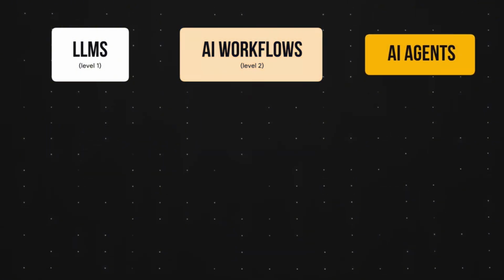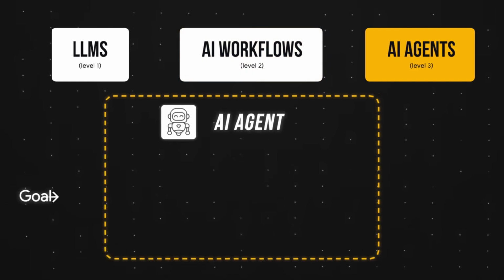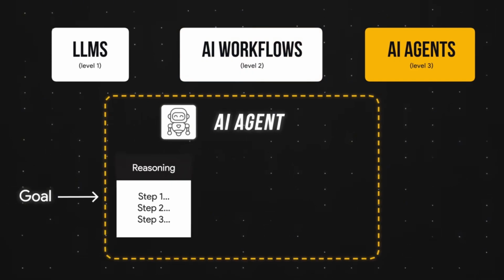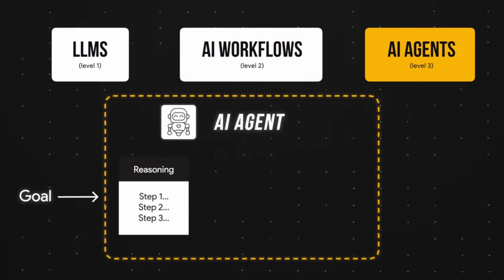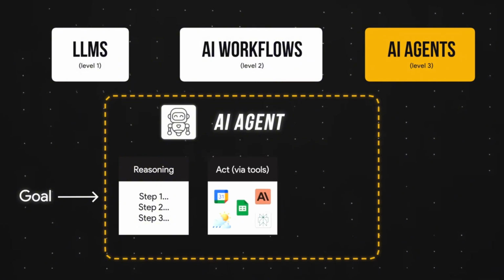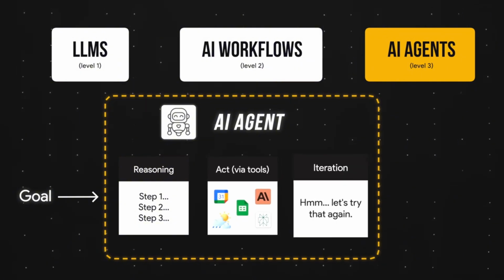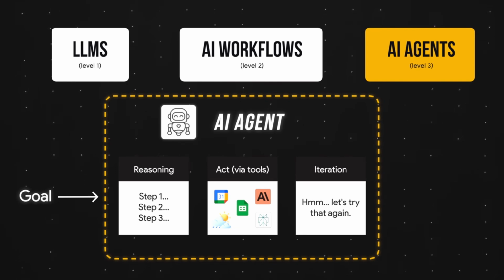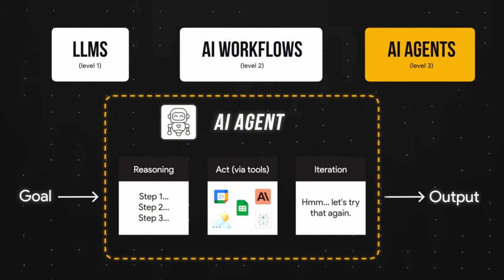Level 3, the AI agent receives a goal and the LLM performs reasoning to determine how best to achieve the goal, takes action using tools to produce interim results, observes the interim results and decides whether iterations are required, and produces a final output that achieves the initial goal. The key trait here is that the LLM is a decision maker in the workflow.